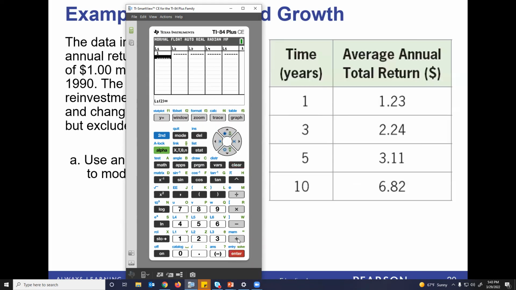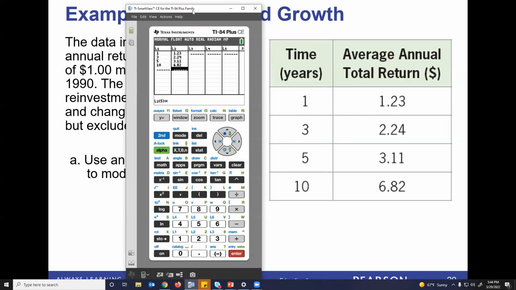Then I'm just going to type in 1, 3, 5, and 10. Then I'm going to come over to my list 2 and type in my values here. Before I leave this section, I'm going to remind myself, have I got everything in correctly? Just do a quick verification, looking here and looking at your screen, and make sure that you have everything in there. Okay, everything looks good.